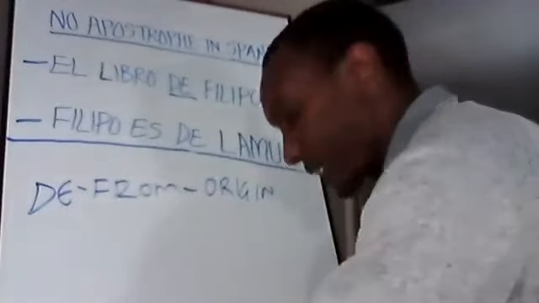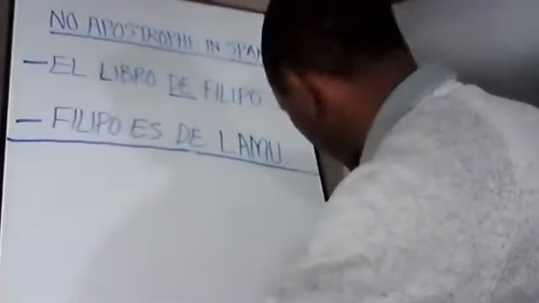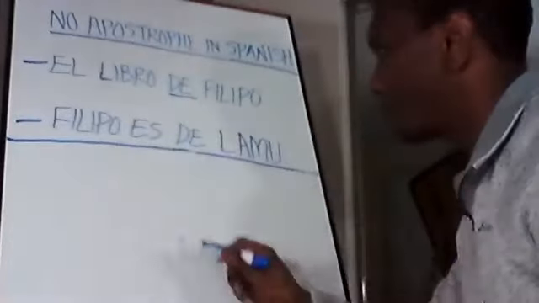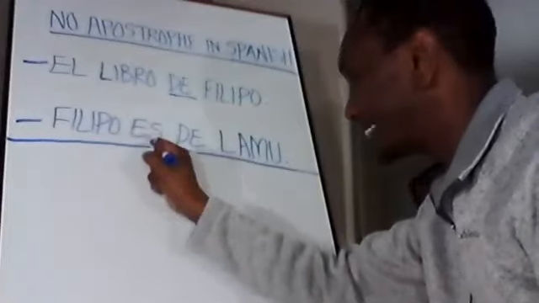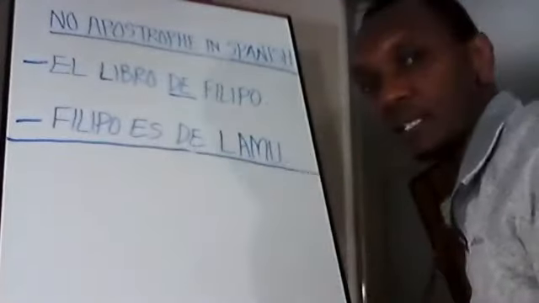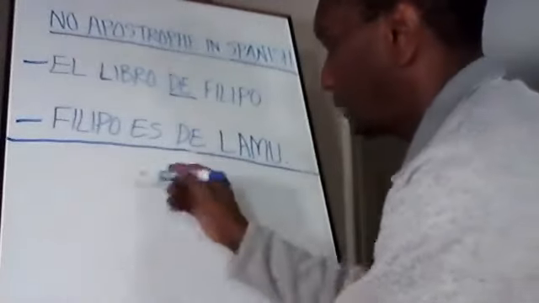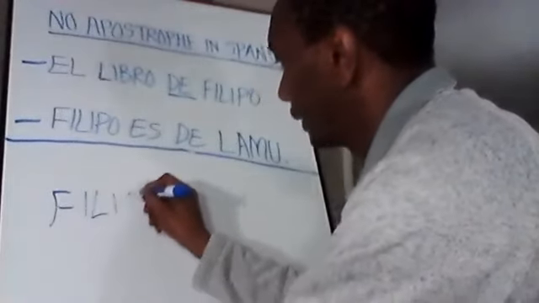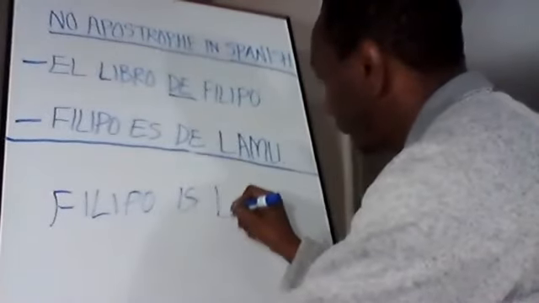So let's look at the second sentence. And the second sentence says, Filipo es de Lamu. Filipo is our noun, is the person. Es means is. De here means from, and Lamu is the place. So in English, it means Filipo is from.